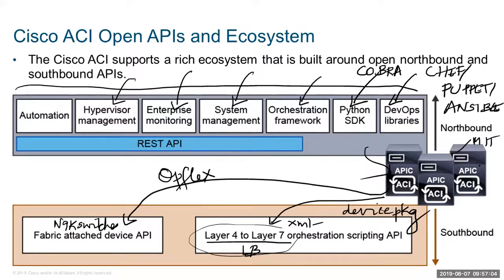And then there is, of course, a Python file, which enables any changes that are sent to the APIC to be converted into the required command line or the configuration of the load balancer. So that's how it speaks to the third-party vendor devices.